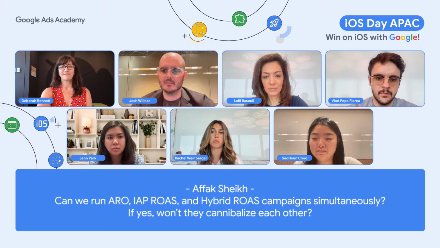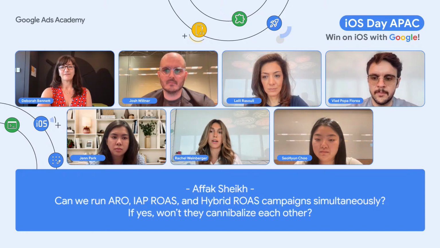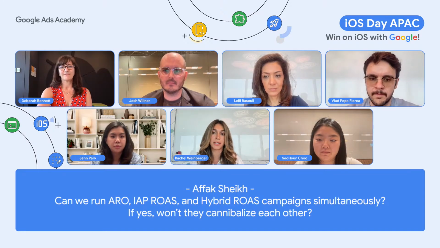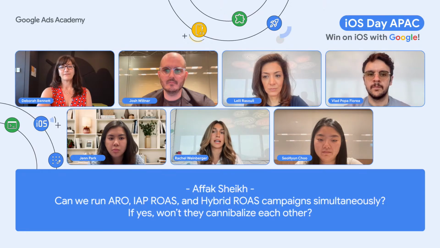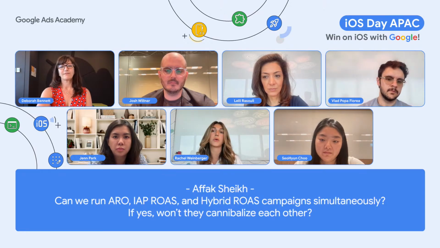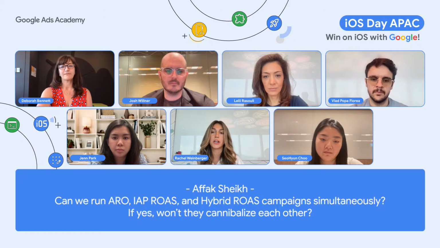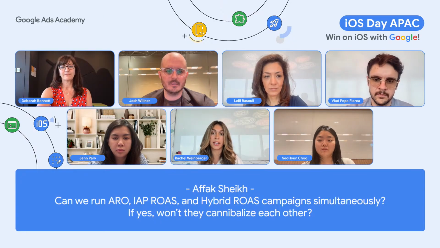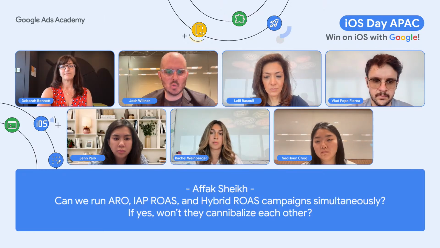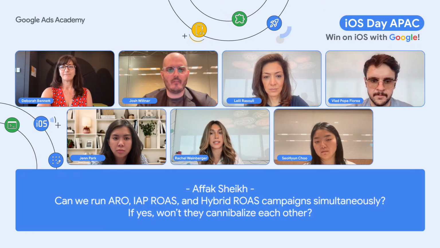Our systems and models will optimize towards the highest conversion value, regardless if you have multiple events in there. However, the idea of the hybrid campaign is really when you have multiple monetization strategies. So it's a really good tool to avoid cannibalization, avoid campaign competition, and just use one campaign type, and that would be hybrid in this case.